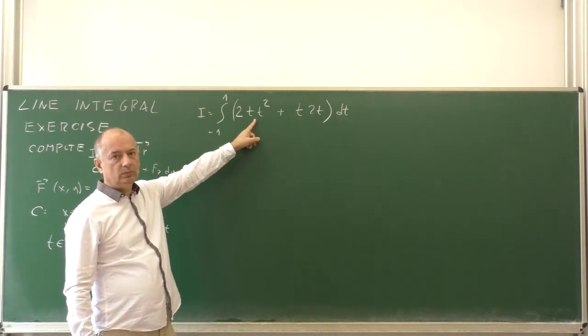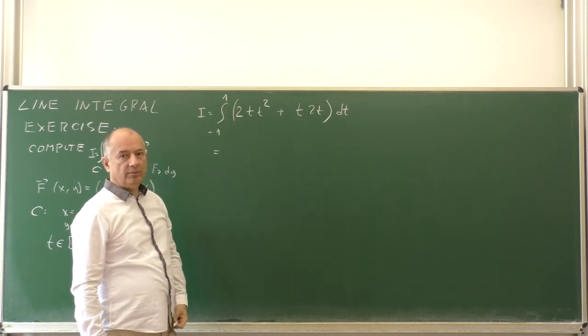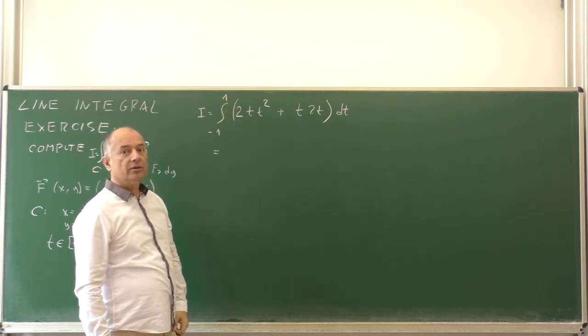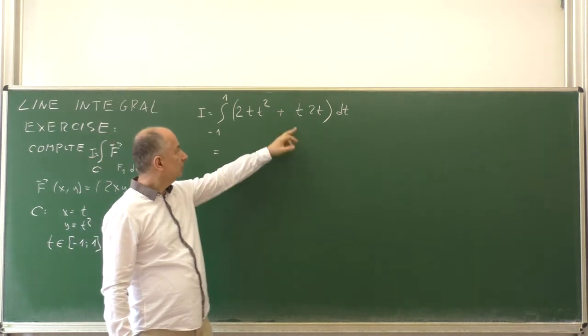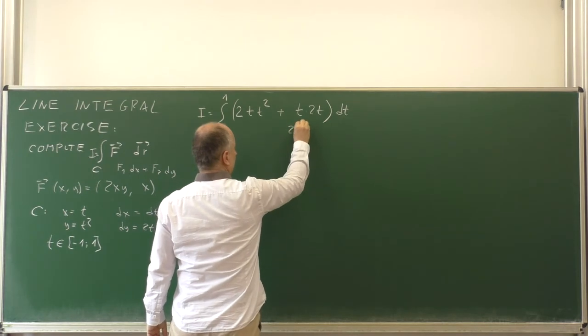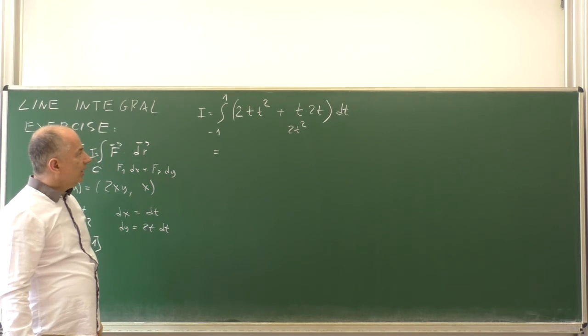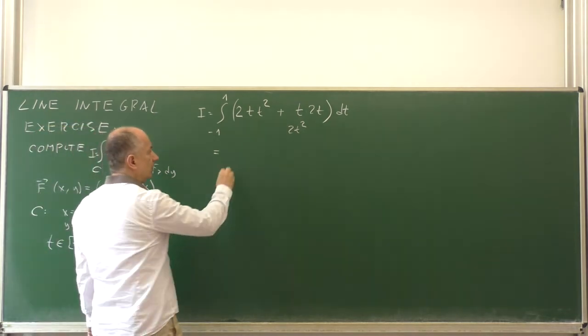T cubed is an odd function. When integrated over a symmetrical interval, gives 0. And this is 2t squared. So the antiderivative is 2/3 t cubed.